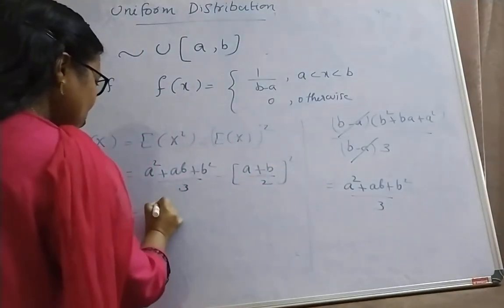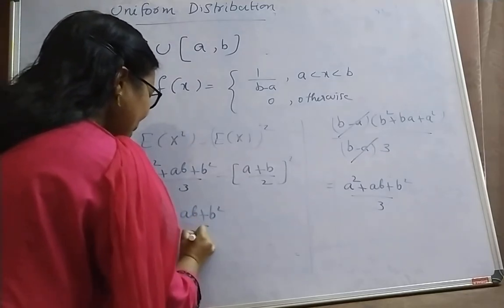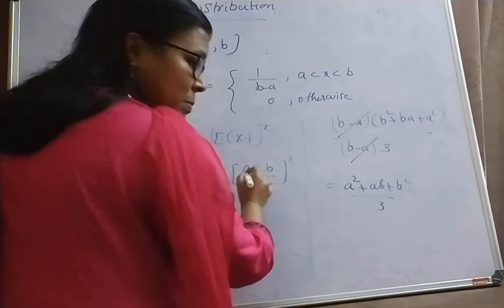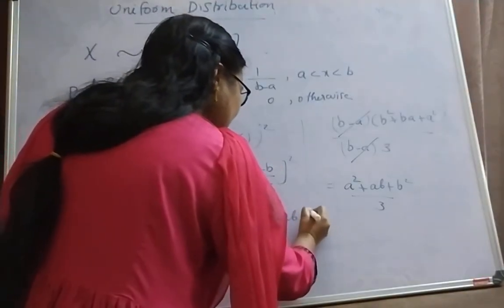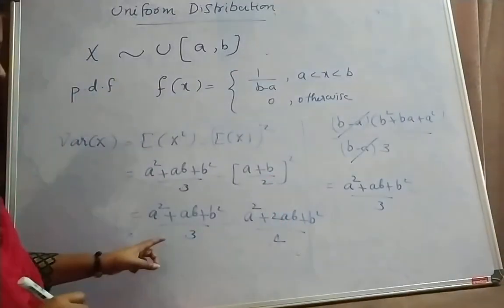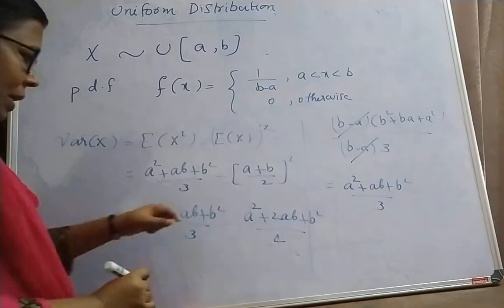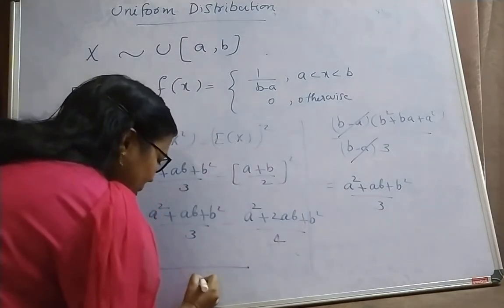That is a square plus ab plus b square by 3 minus a plus b the whole square, which is a square plus 2ab plus b square, by 2 square, 4. Then these two can be subtracted. We get denominator as 3 into 4, 12.